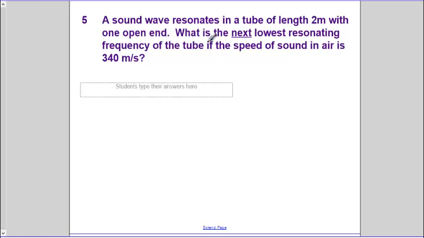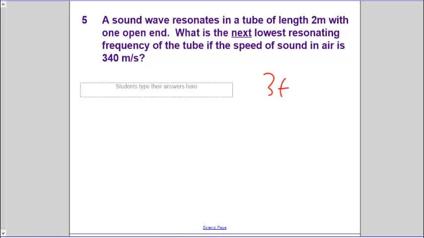A sound wave resonates in a tube of length 2 meters with one open end. What is the next resonant frequency? We did this. We said that would be 3F. And again, here's your, let's stick with our colors, nah, it's terrible. I'll redraw that. A little smart thing: if you want to draw straight lines, don't try and do it freehand.